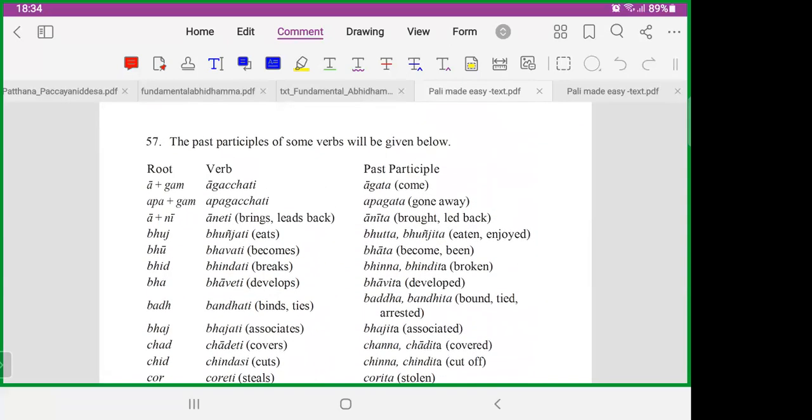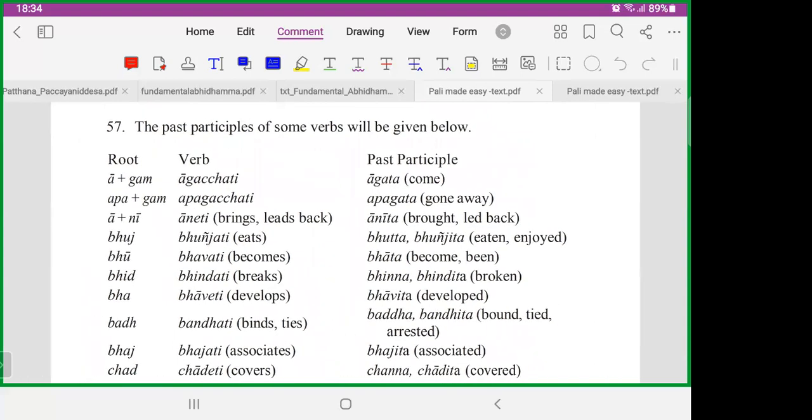So basically, how do you memorize? You just have to memorize. There's no other way except to memorize. For example, a plus gam, agachati, past participle agata. Apa plus gam, apagachati, past participle apagata. A plus ni becomes aniti, past participle anita, meaning brought and led back.